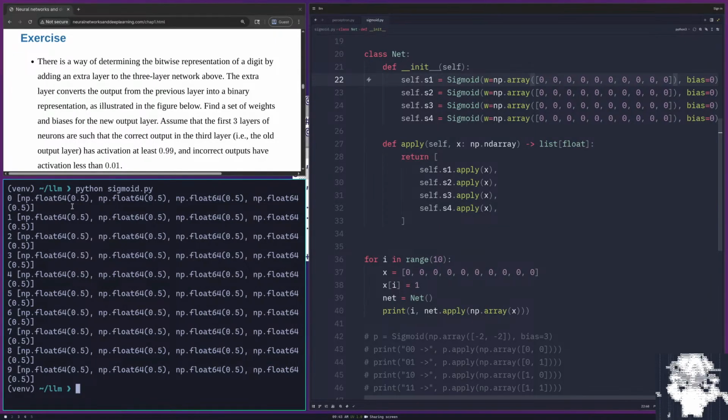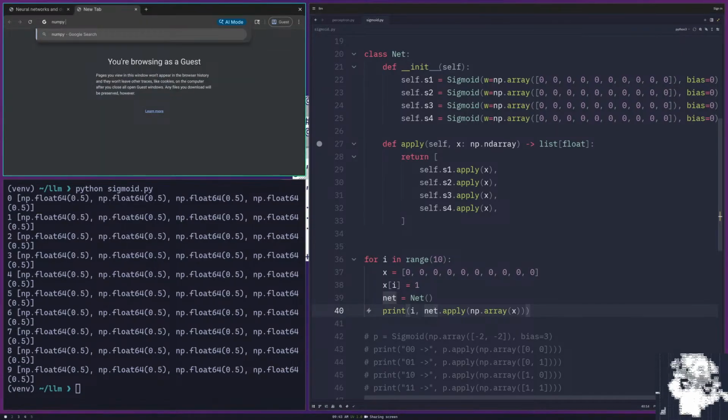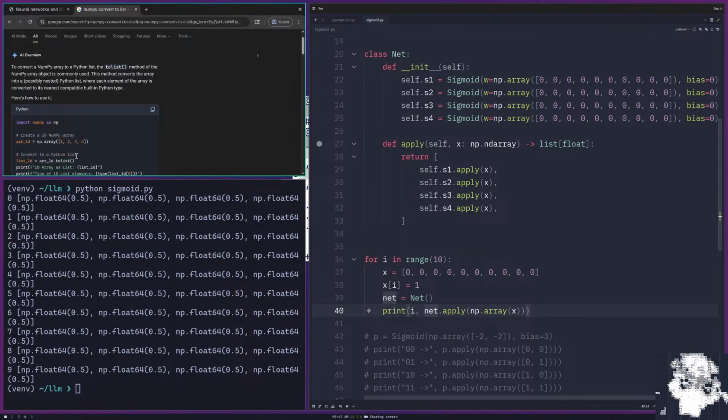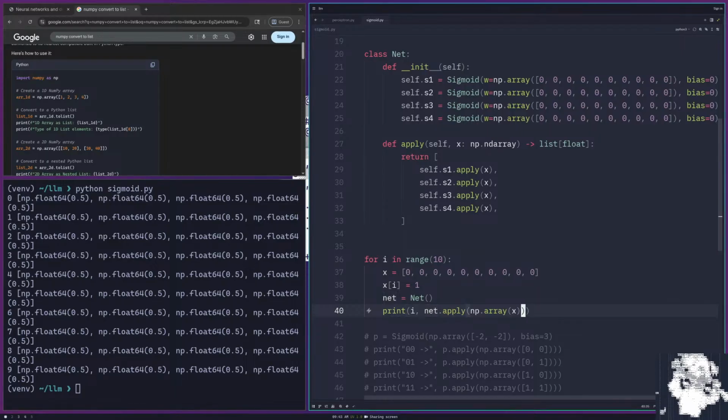This is hard to read with the np.float64s, so can I convert this to a regular list? NumPy convert to list. Dot tolist. No, without the underscore.